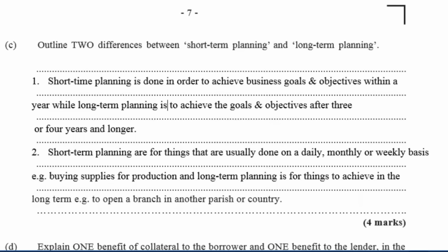For example, if you're going to open a branch in another parish or another country. And so the common factor that we're speaking to here is, what are the things that you plan for in the short term? What are the things that you can plan for in the long term? So again, when you're telling the difference between two things, you must speak to the same factor so that the difference can be clearly seen.